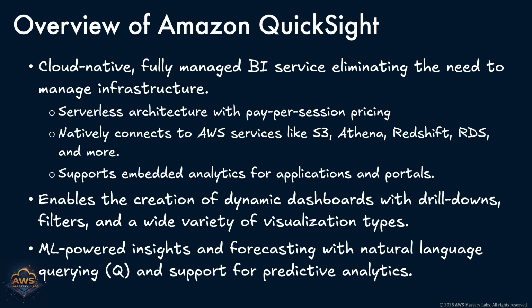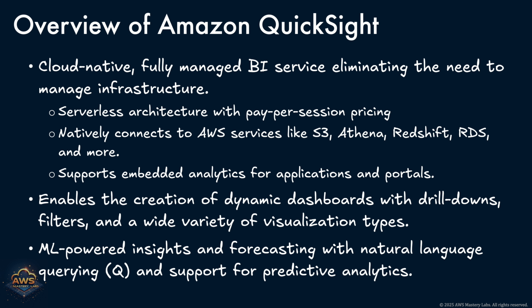Amazon QuickSight is AWS's cloud-native business intelligence service, designed to help organizations deliver insights at scale, without the overhead of traditional BI tools. It's fully managed and serverless, meaning there's no infrastructure to provision, patch, or scale. Whether you're supporting a small team or rolling out analytics to thousands of users, QuickSight adapts automatically to your needs.